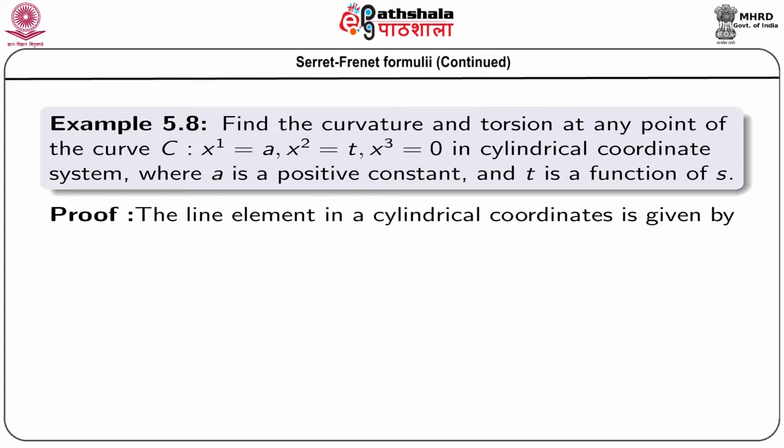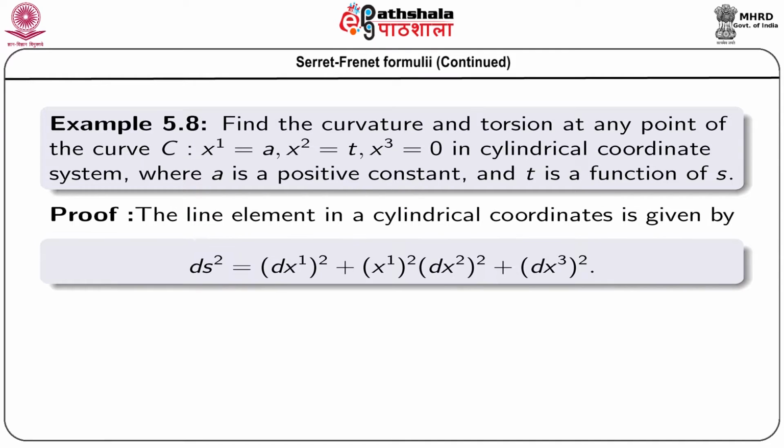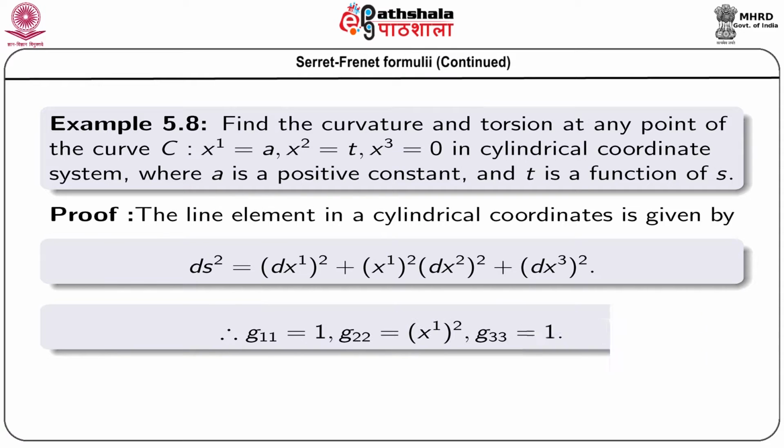We know that the line element in a cylindrical coordinate system is given by ds² = (dx^1)² + (x^1)²(dx^2)² + (dx^3)². So, the metric tensors are g_11 = 1, g_22 = (x^1)², and g_33 = 1.